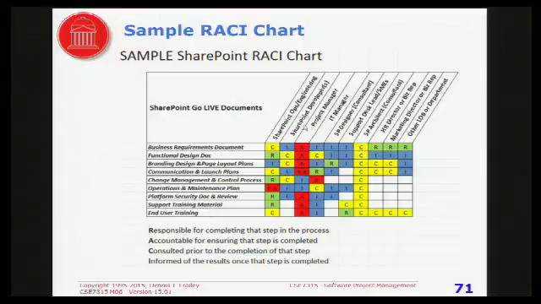Here's a bunch of roles on the project. And this person is responsible for this, this person approves this, et cetera, et cetera. And the idea of a RACI chart is it's a very simple way of explaining who has what responsibility. It's a very compact and efficient and simple way to clarify that.